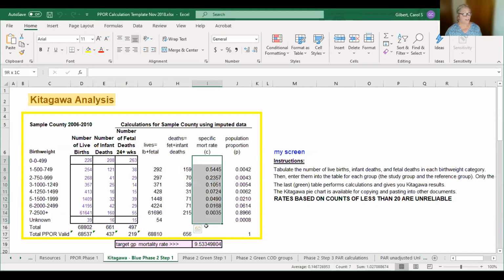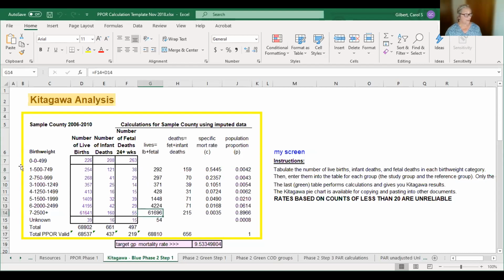And then it calculates the specific mortality rates. And the specific mortality rates are just the numerator, deaths divided by the births in each row. The population proportion here is the denominator number in this row divided by the total denominator number.